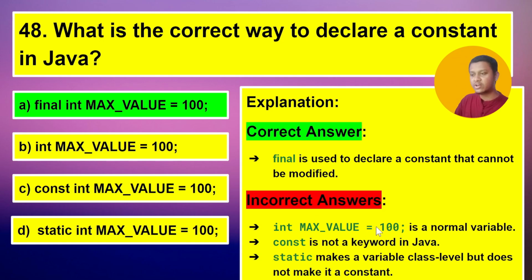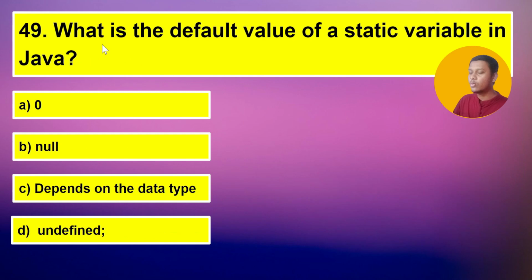Int max value equal to 100 is a normal variable which can be changed further. Const is not a keyword in Java, and static makes a variable class level but does not make it a constant.